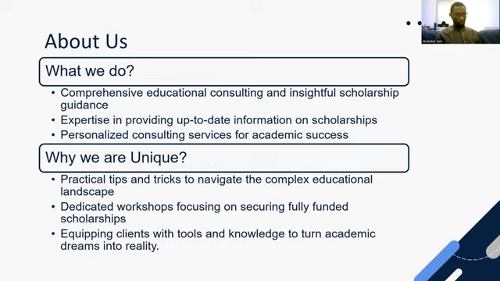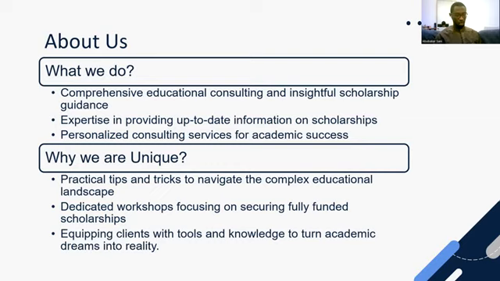Why we are unique? Well, first of all, we know how the system works. We have seen how it works. We have related with different people. We know the ins and outs of the system, so we can be able to help you with that. We know our way around the internet and how we can curate lists for you, and we have our own algorithm that helps us figure out the best scholarship for you in particular.